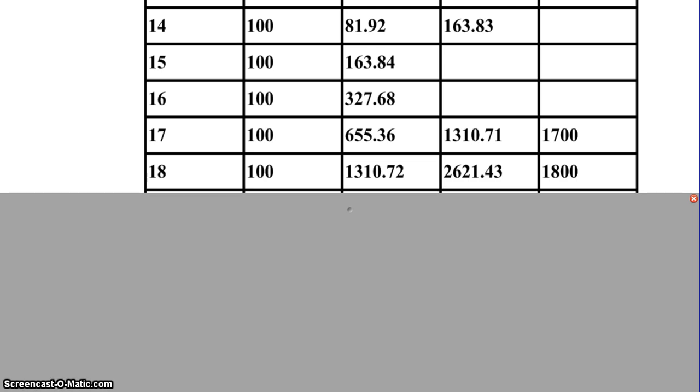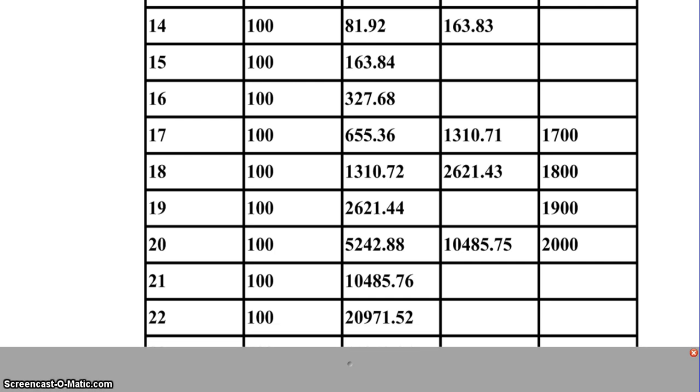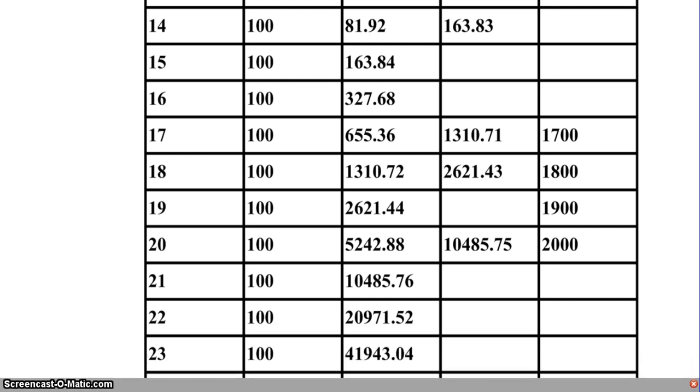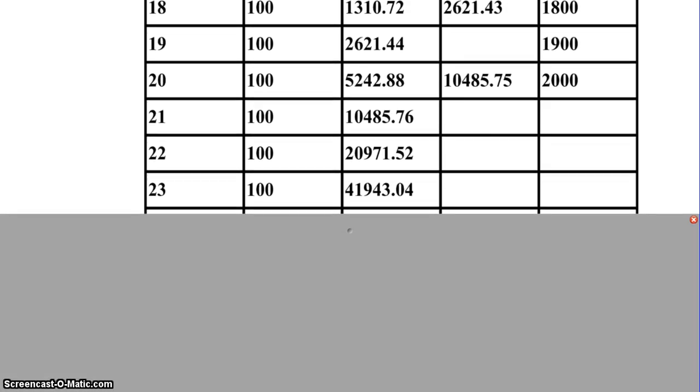So on the 18th day, now I'm making some money in the right-hand column. So I have $1,800 or I have $2,621.43. And then as we keep moving down, we can see on the 20th day, we have $10,485 in the right-hand column and we have $2,000 in the left-hand column.